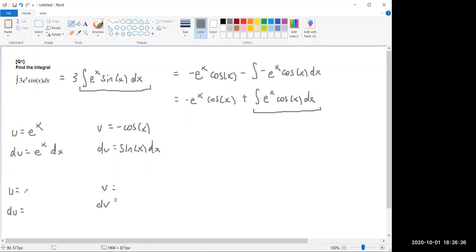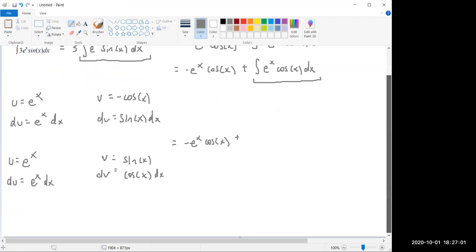We're going to have u be e to the x and dv be cosine of x dx, and v is sine. So after this, we will have negative e to the x cosine of x plus, for this integral, another by parts formula.